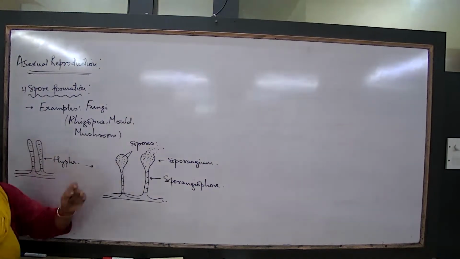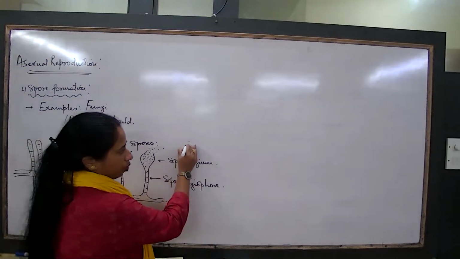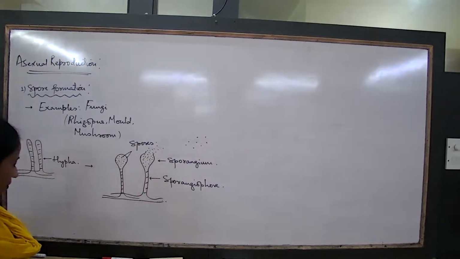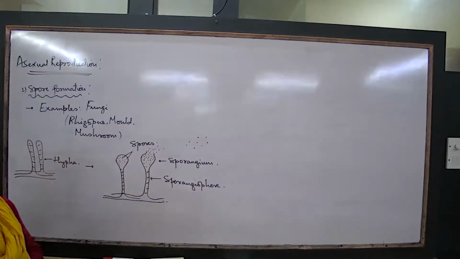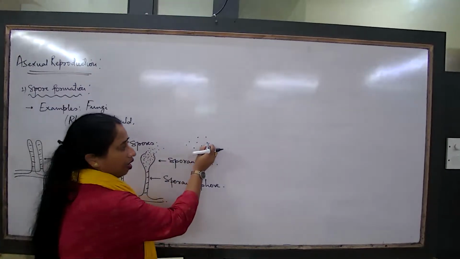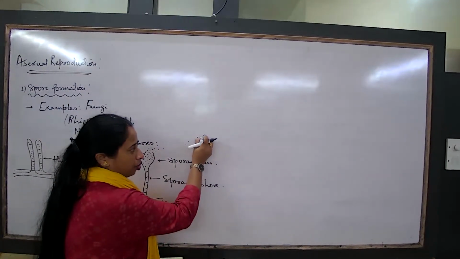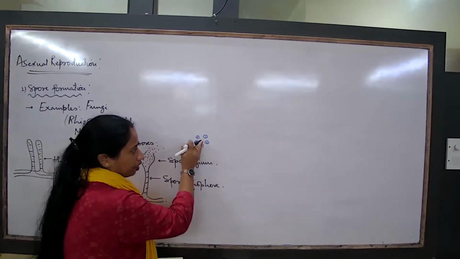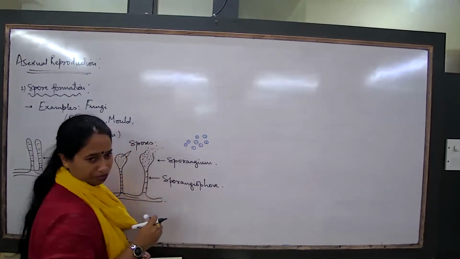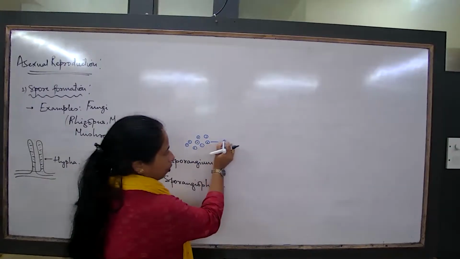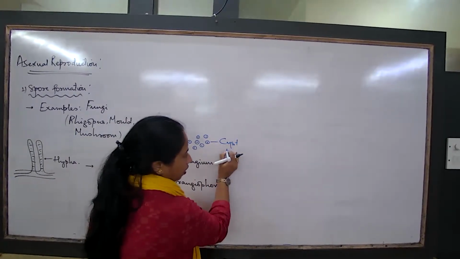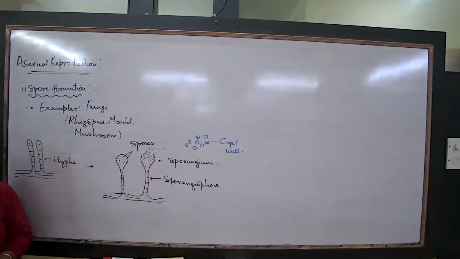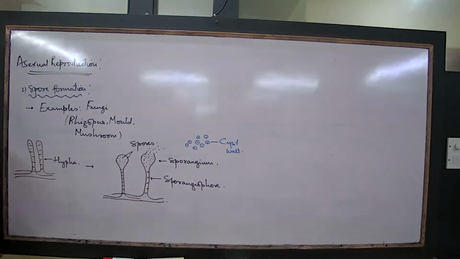Now that these spores are released, they may remain in the air or on any particular surface. They would not start growing, but they may remain alive, inactive, for a long period of time. How? Because these spores develop a protective, resistant covering known as the cyst wall.